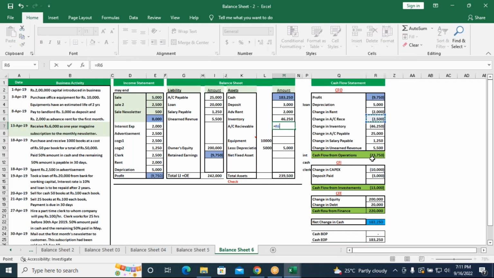So we go to receivable. Somewhere, girls, guide me if somewhere I am making a mistake.